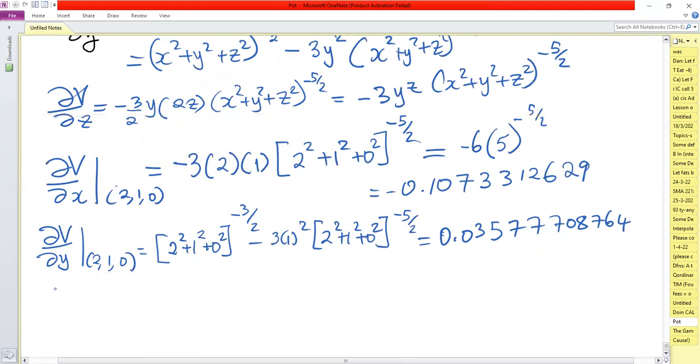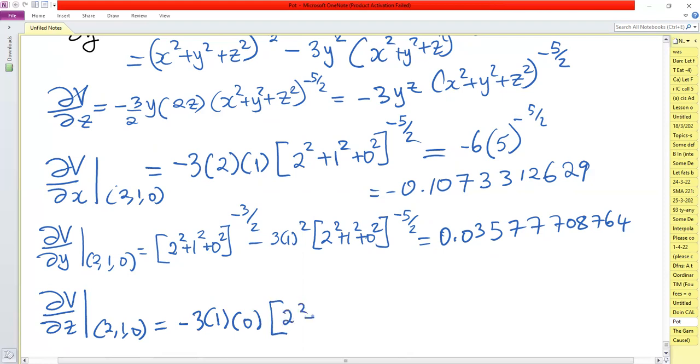And then partial v, partial z at the point 2, 1, 0 will be minus 3 times y is 1, and then z is 0, into 2 squared plus 1 squared plus 0 squared raised to minus 5/2. The fact that we have a 0 here, then this will be 0.